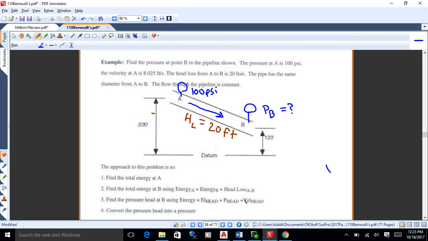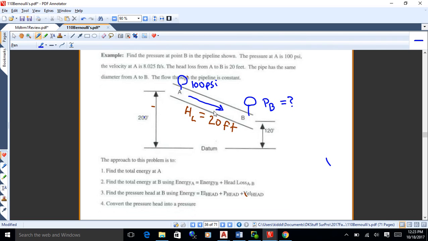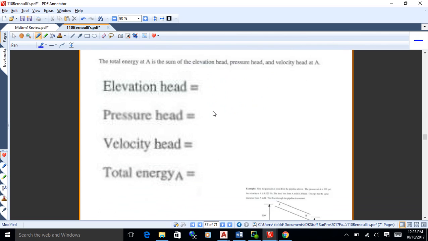All right, so let's first figure out how much energy we've got at A. I think we did this already, but why don't we just run it again? So get the total energy at A. Remember, to get the total energy, you convert everything into feet. You want elevation head, pressure head, and velocity head. Elevation head is just the elevation above sea level or whatever your datum is.